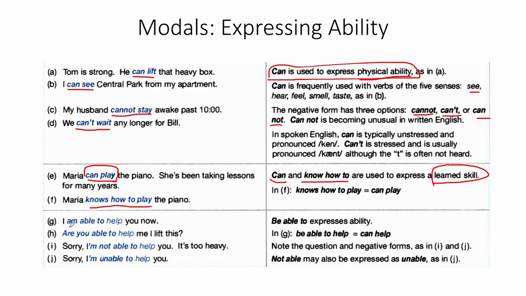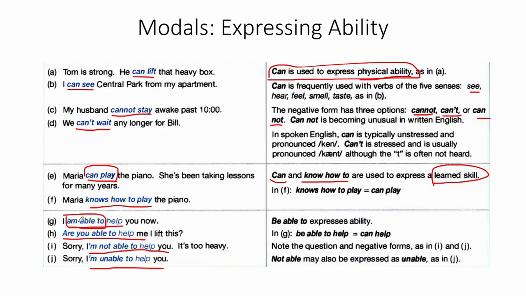Also, we can use I am able to help you. Then here you have the question, are you able to help me? A negative form, I am not able to help you, or I am unable to help you, as opposites for able. All of these are modals for also expressing ability. The only difference is that here we have a one-word modal, can, but here we have what we call phrasal modals, that is to say, a modal composed of more than one word.